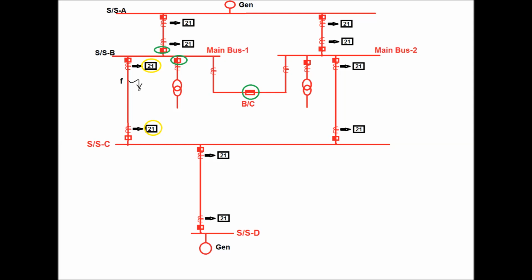So the power will still flow from main bus 2 to the substation C end, and from the substation A end to substation B end via main bus 2.